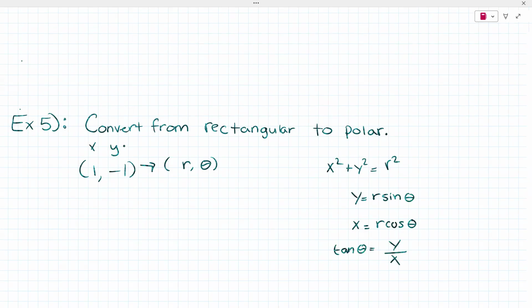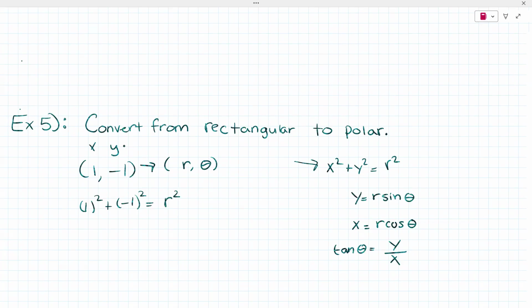Okay, what can we do? Well, we have an x and a y, so maybe we can relate it to this formula, right? We have to square our x's and our y's, and that'll equal r squared. So there'd be 1 squared plus negative 1 squared equals r squared.